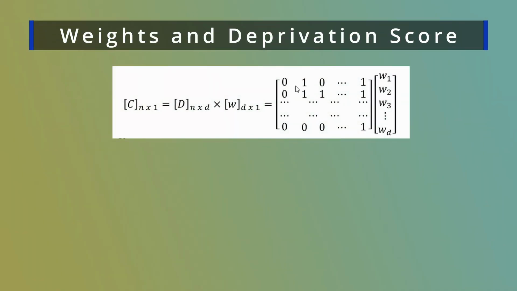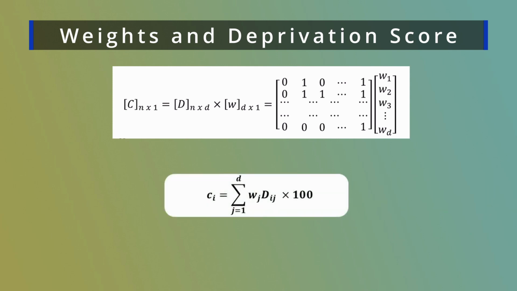This is the deprivation matrix, which consists of the elements 0 and 1, and each of the indicators has a specific weight, say W1, W2, W3, up to WD. These are the weights for D number of indicators. In our present example, the number of indicators is 10. When we multiply this deprivation matrix with the weight vector, we find the total deprivation score of the household.